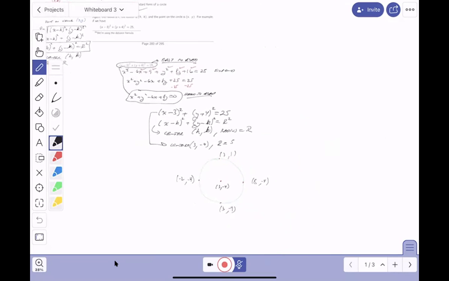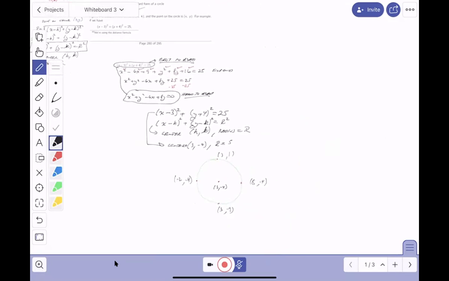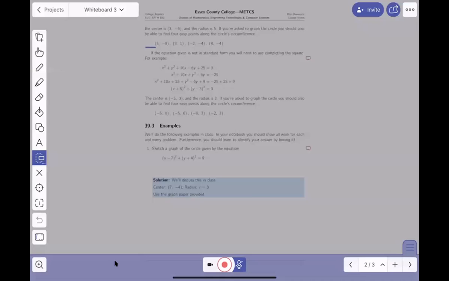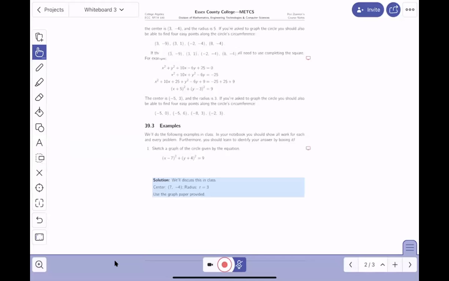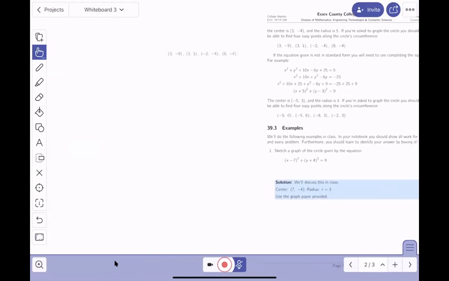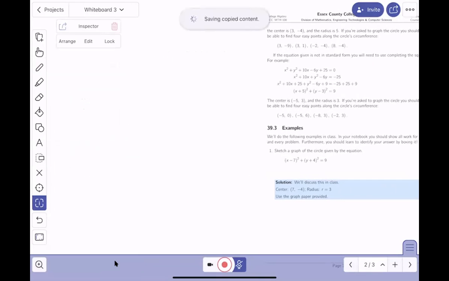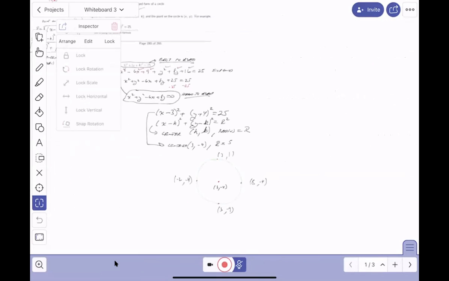So I'm going to go to the next page. And I want to just grab this momentarily. I'll just do these points here. I'll grab this. Let me just copy it. And let me go back. And I'm going to paste it.